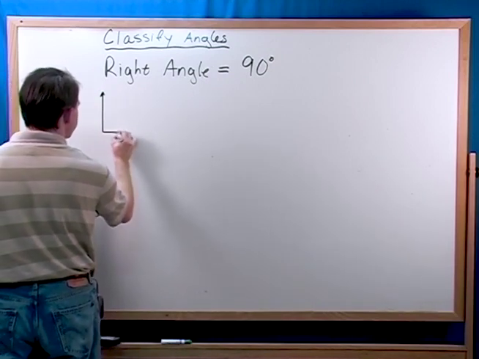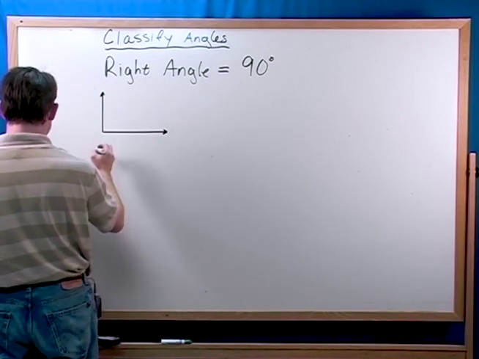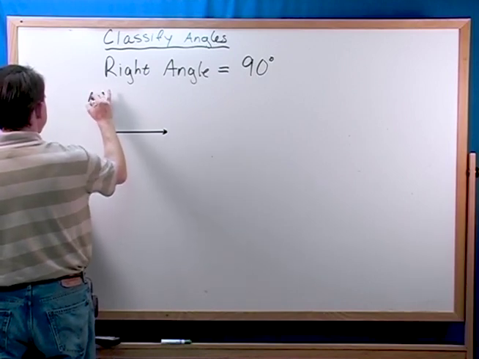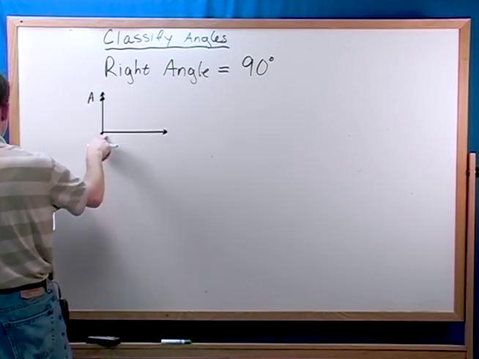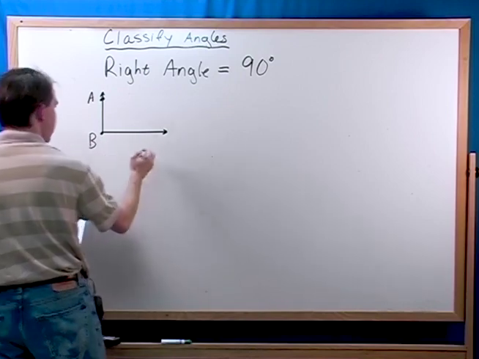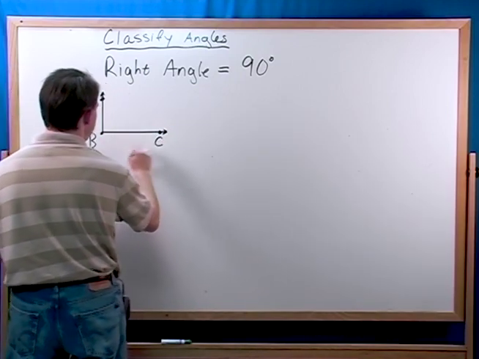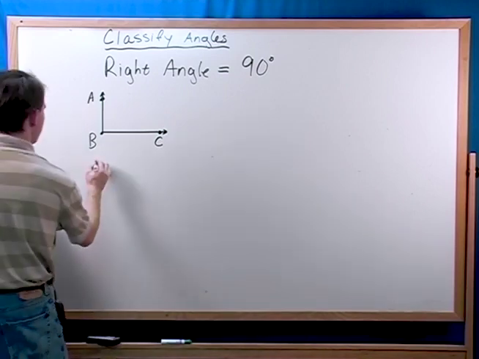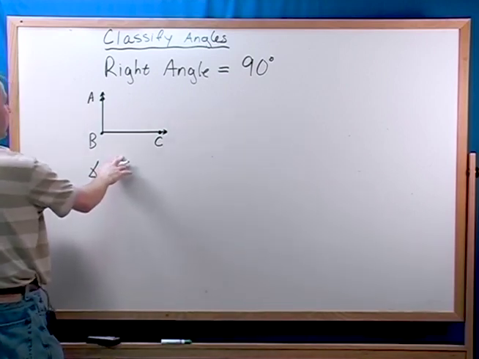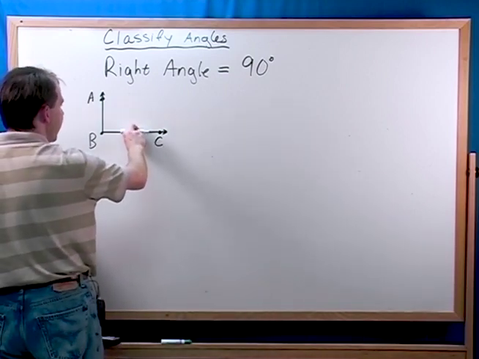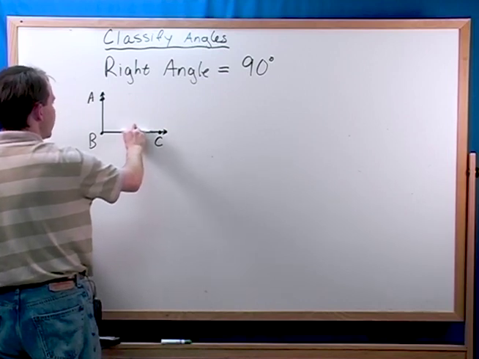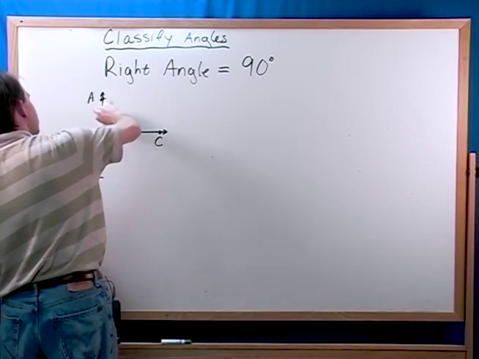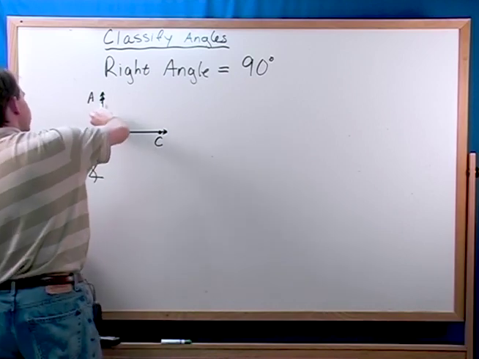Here's one of your rays. Here's the other ray. Okay, and let's just say this is point A. The vertex point here is point B, and the other ray is defined by B and C, so I have A, B, and C, okay? So if you think about it, if I'm measuring this angle right here, if I go from here and I start measuring up, can't you convince yourself that this is a quarter of a circle?